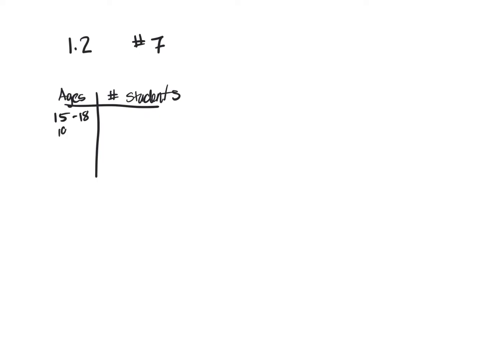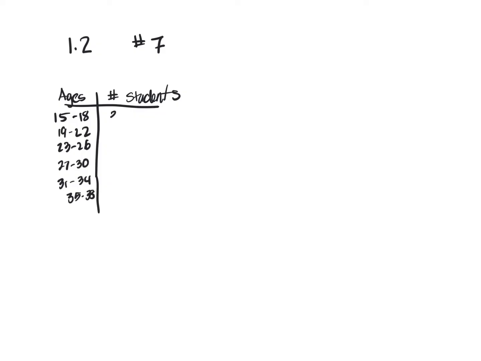So, first, one question from homework 1.2. And this was number 7. It gives you data, ages, and number of students. My example is 15 to 18, 19 to 22, 23 to 26, 27 to 30, 31 to 34, and 35 to 38.